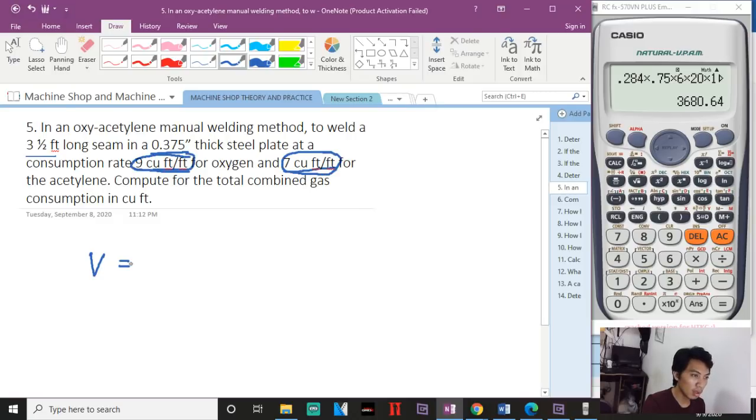Yan, Pare, gagamitin nyo pa ba ito? Sige nga. Let me ask you a question. Ano lang ang gagamitin mo dyan na length? Anyone from the group?